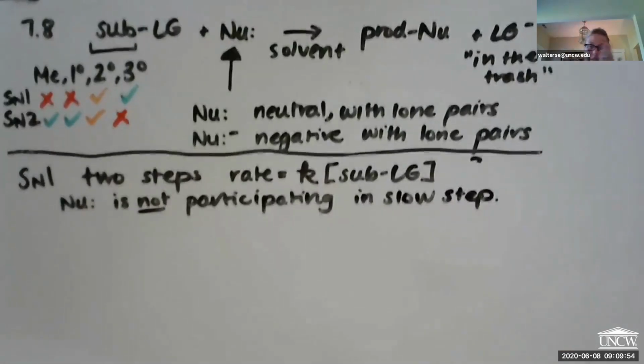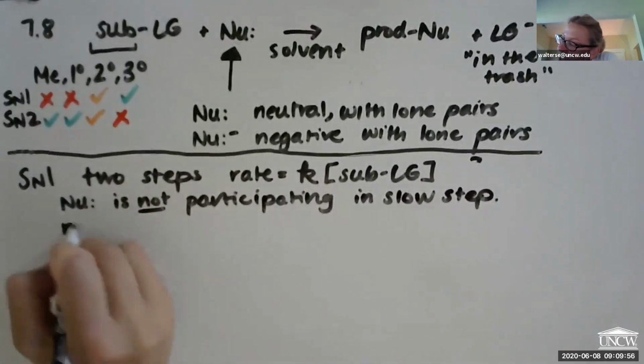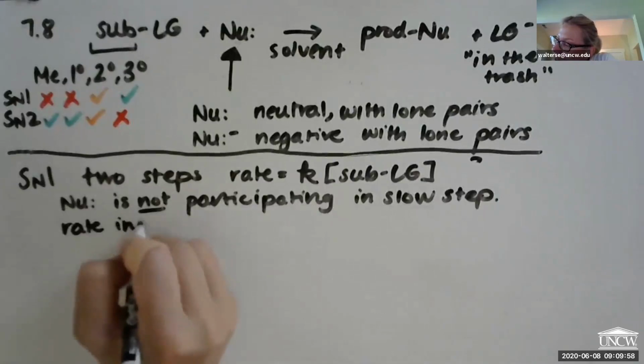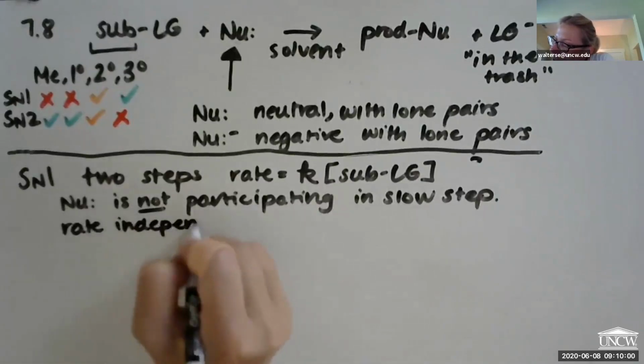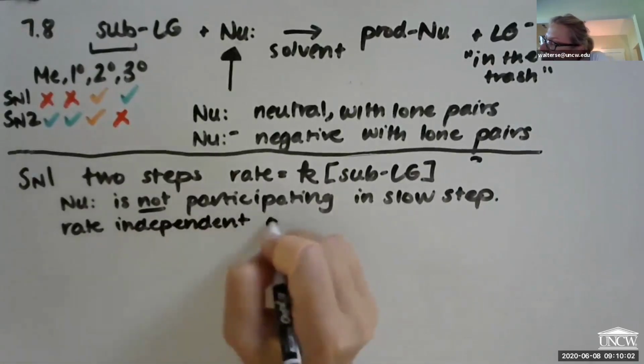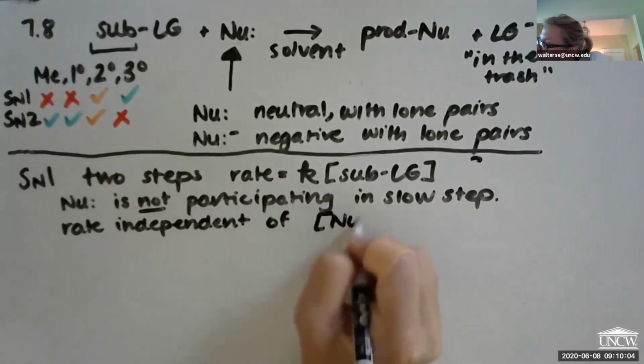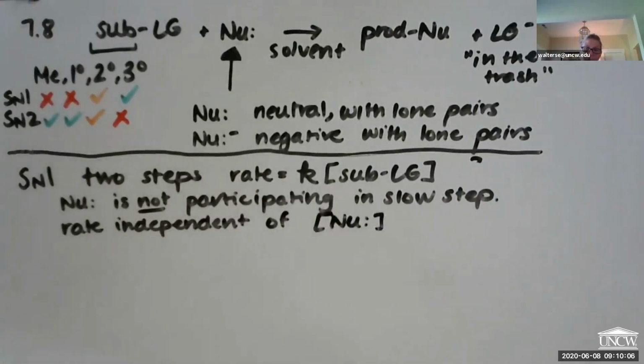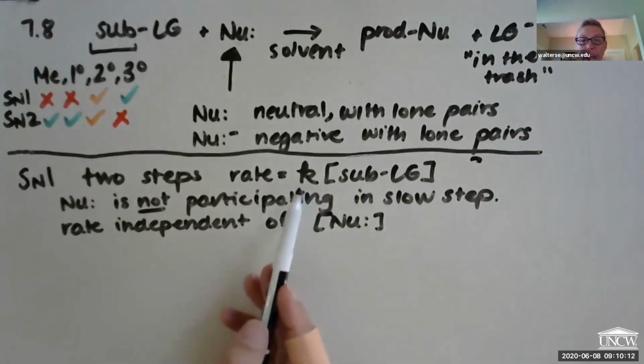So SN1 reactions will have a rate that's independent of the concentration of your nucleophile. You can put as much nucleophile in as you want, but that will not affect the rate of the reaction.